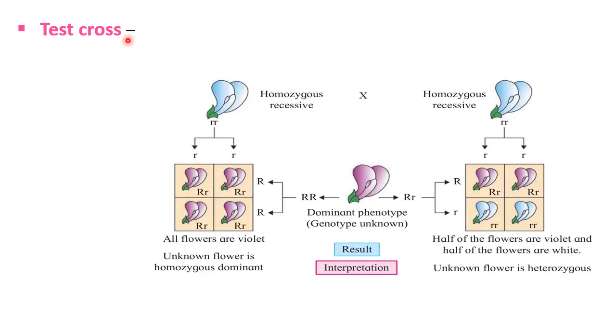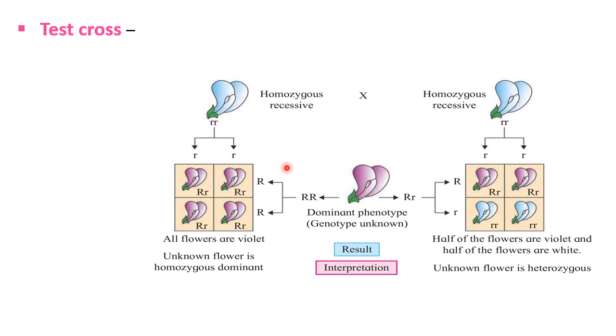Now we will see the example of test cross. You know that test cross is also used to detect the genotype of a particular plant. So in pea plant we see the color of flower: the dominant color is violet, while the recessive color is white.